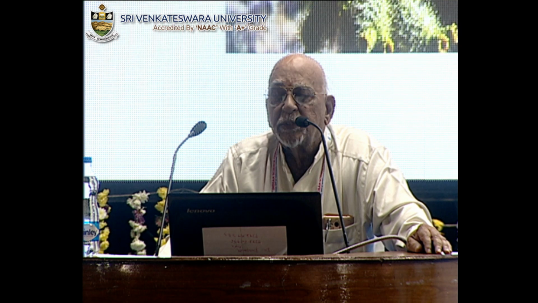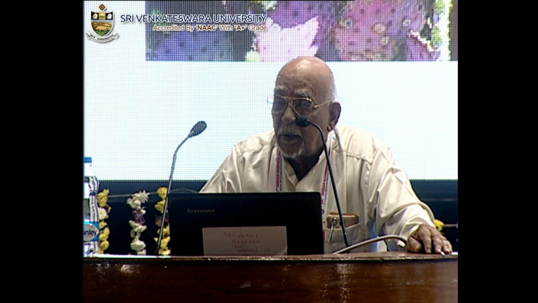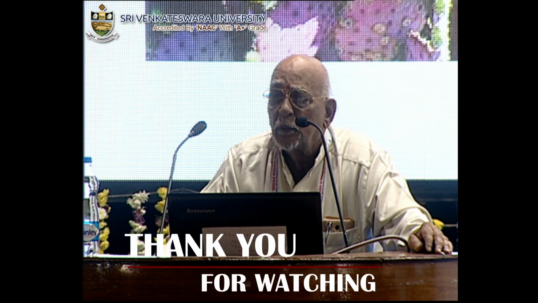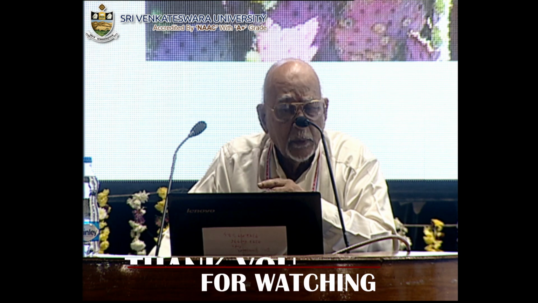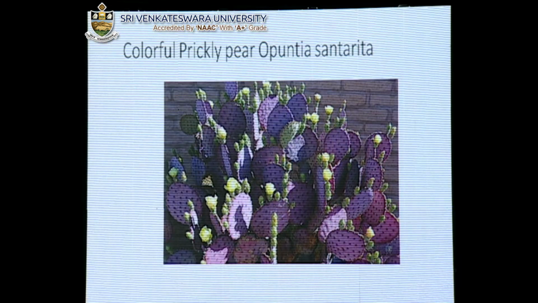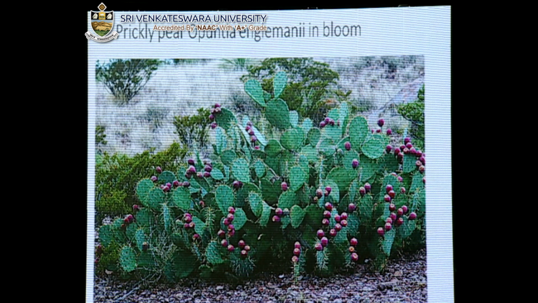They grow for themselves, different kinds of cacti. My wife, my daughter and I took these pictures in Arizona, and why am I talking about Arizona? Most of these species are available here. We see them here, but the only thing is they are neglected.